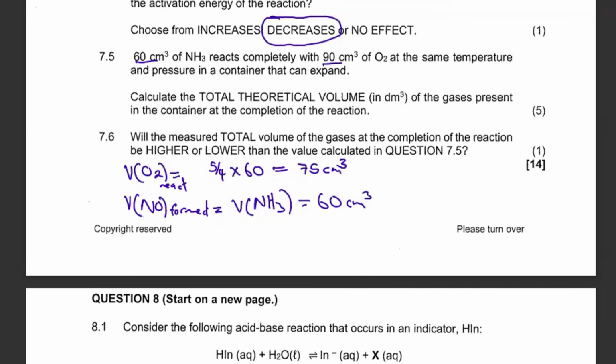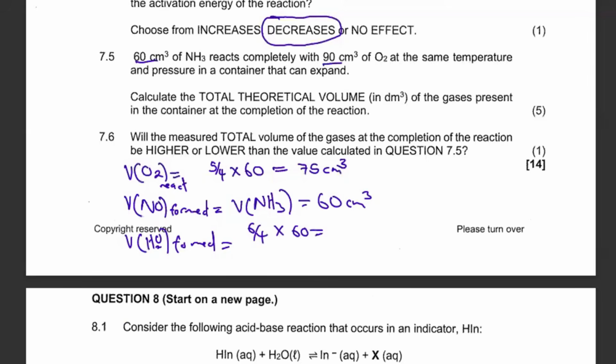Then the volume of H2O that is formed is going to be equivalent to 6/4 multiplied by 60.